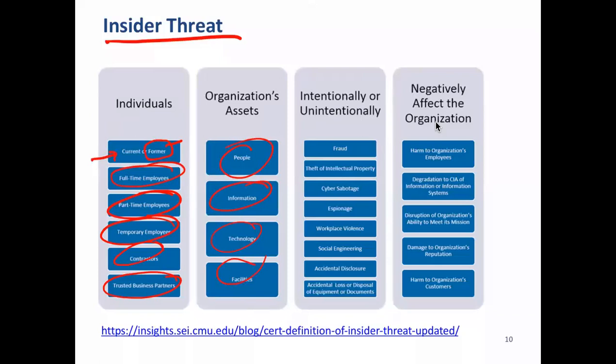This fraud can be done intentionally or unintentionally, like typical fraud, intellectual property stealing, cyber sabotage, workplace violence, social engineering, whatever, all these. And it impacts the organization in a very, very big way, in millions of dollars.